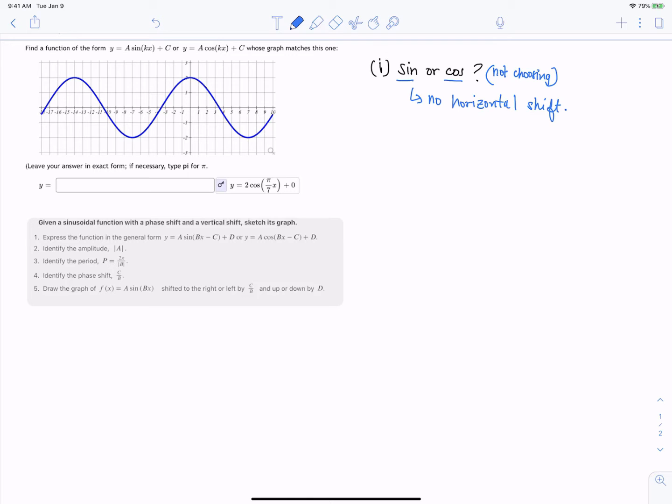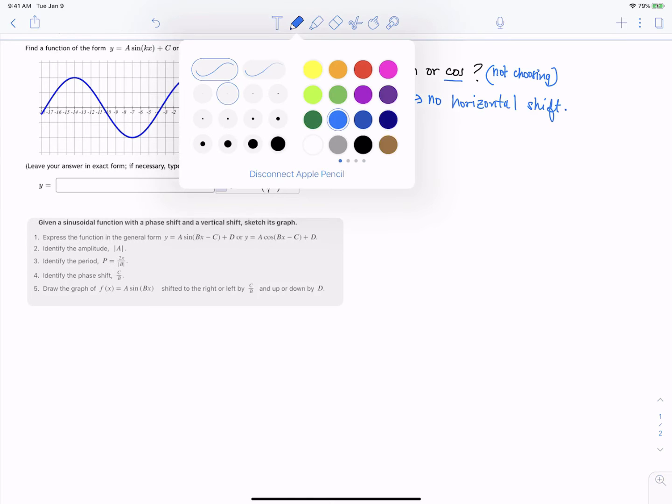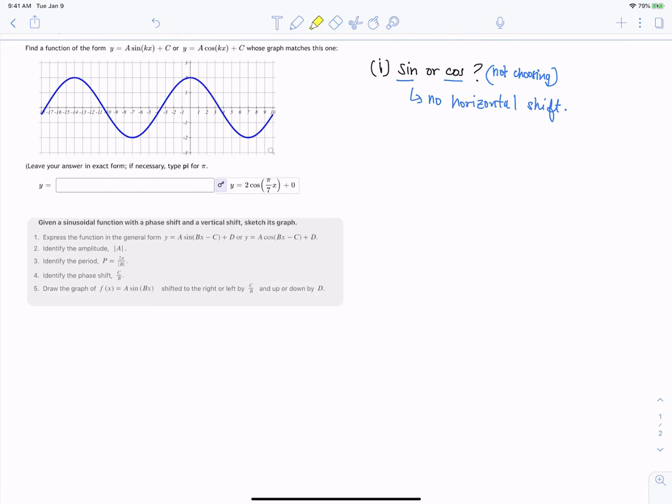Okay, so to identify which one it is, the first thing I would note is that we have a y-intercept at (0, 2). Because there is a y-intercept at (0, 2), and it looks like it's symmetric about the y-axis, we can see that this would be a cosine function.